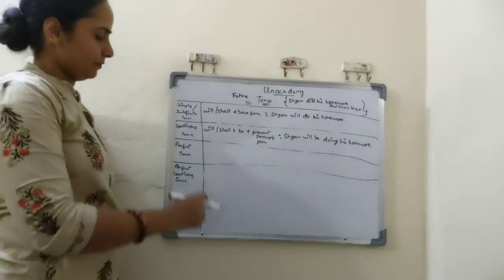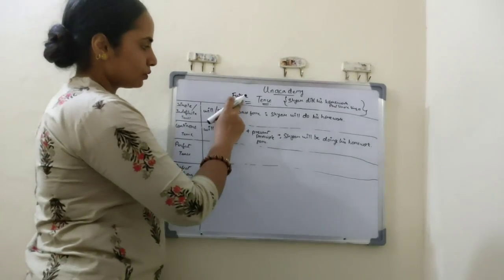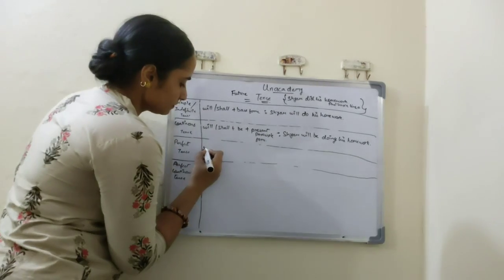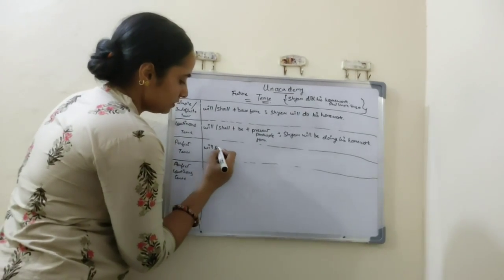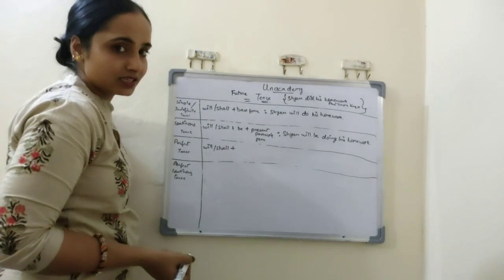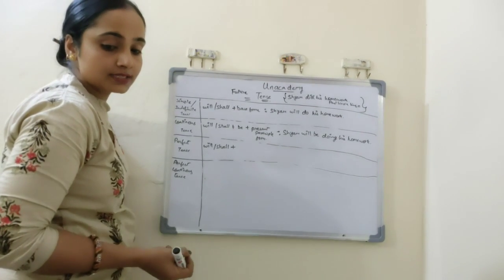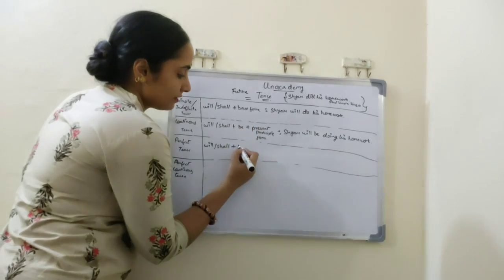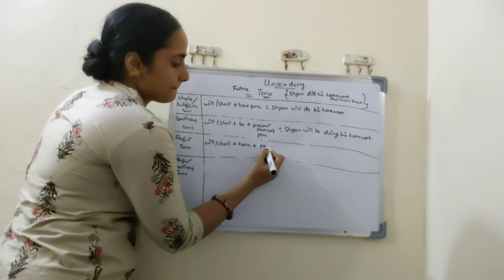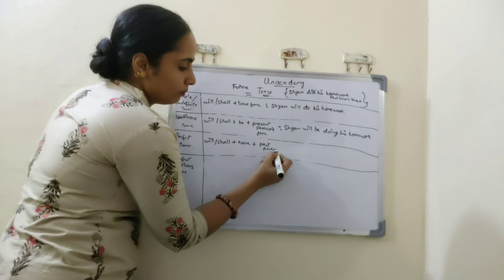Alright, now next comes the perfect tense. What will happen in the future perfect tense will be will or shall plus have plus the past participle form.